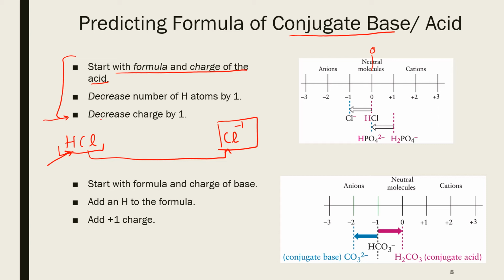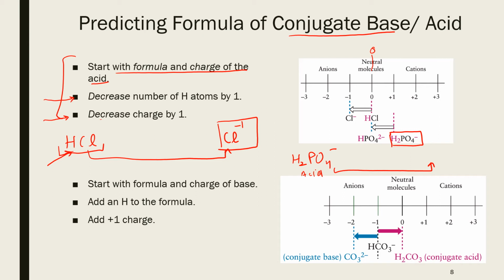Similarly, if we start with an acid that is not neutral, for example, H2PO4 negative, and that's our starting acid, and we want to determine its conjugate base, we'll do the same exercise. First we will decrease the hydrogen by 1, and then we'll decrease the charge by 1.